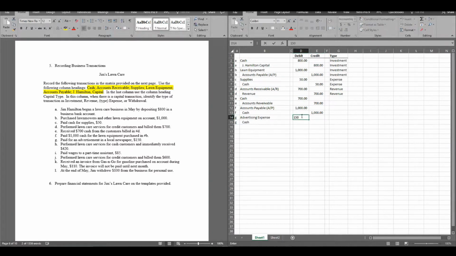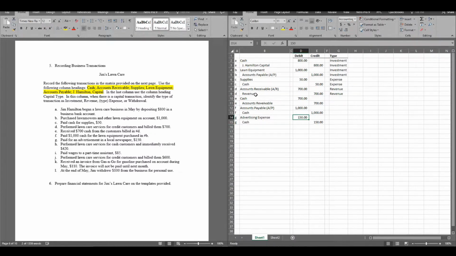So we're going to have 150 here, 150 here. So that's why an expense account, since it directly reduces the capital account once it's closed out later on in the accounting cycle, is a debit to increase that expense because it's a direct contra. It's in direct opposition to the capital account.